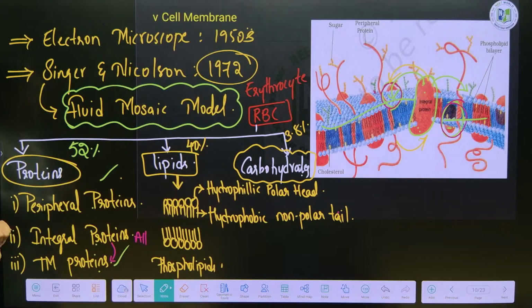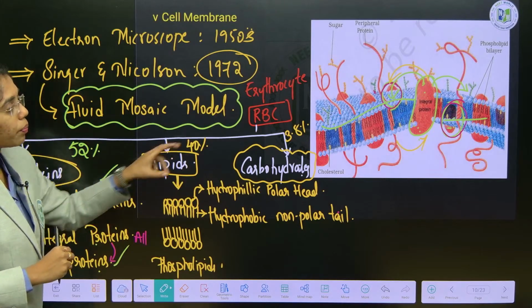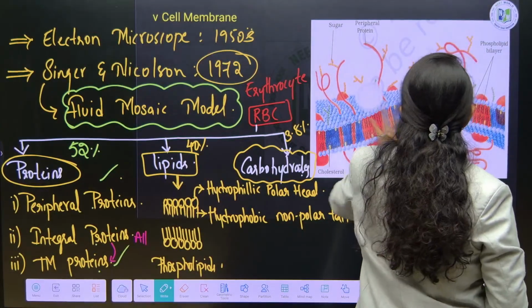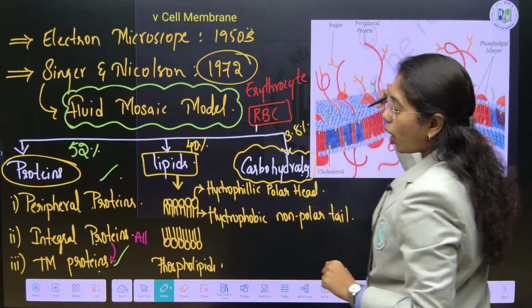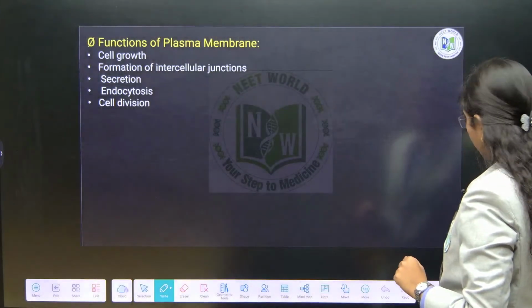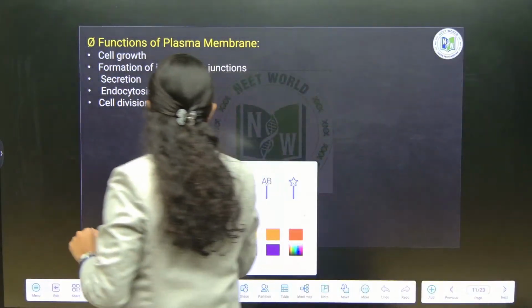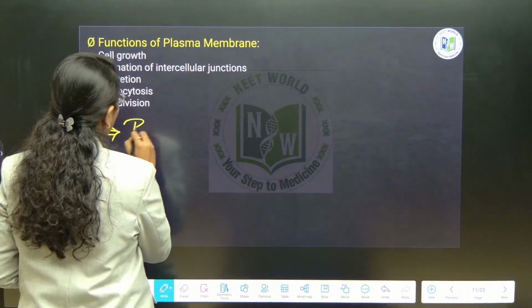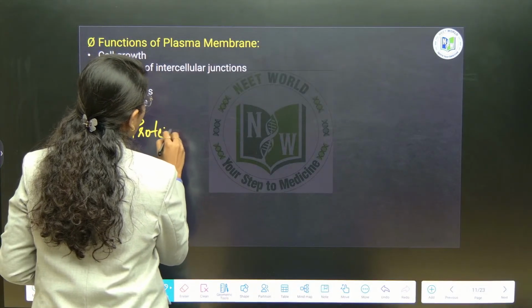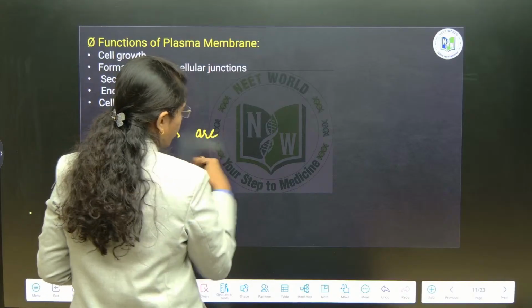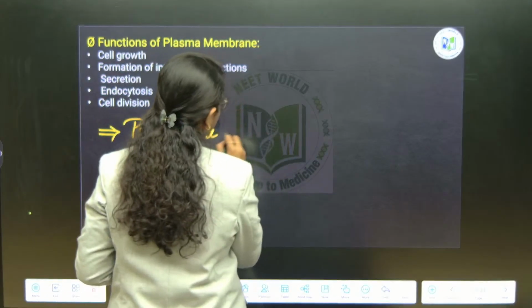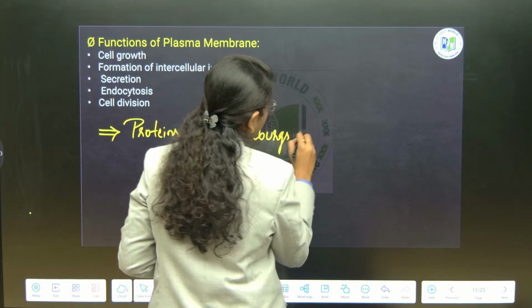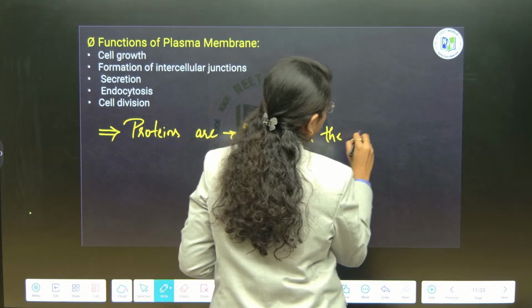It is the fluid nature of lipids, and you can see the proteins present in the lipid bilayer. Proteins are present like icebergs in the sea of lipids. These are two keynote points, please take them. Proteins appear like icebergs in the sea of lipids.